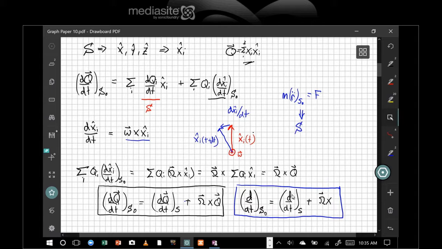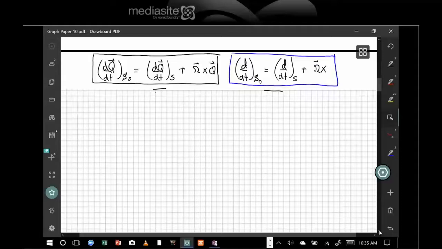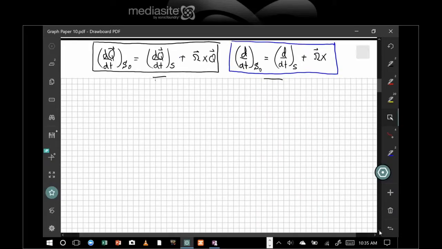This term here I can represent as a cross product. If that reference frame has an angular velocity omega, I can represent the rate of change of x_i hat, dt, as omega cross x_i hat. And you can see that here.